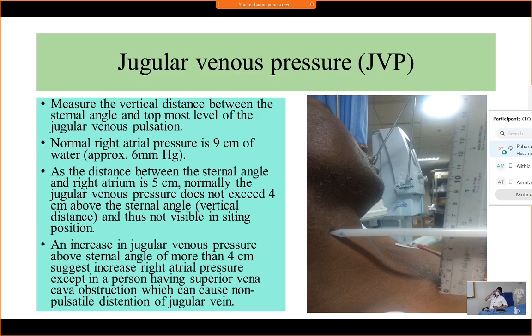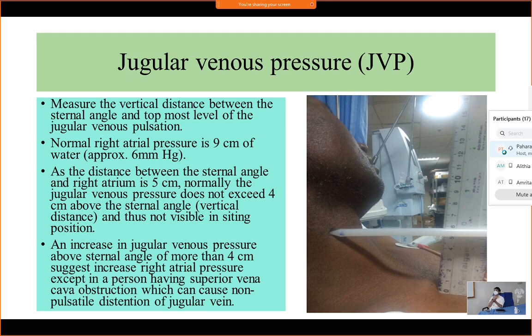So, measuring the jugular venous pressure. For the measuring, you can see from this image, you must have one scale, and that scale is kept vertically over the angle of the sternum, also called the manubriosternal angle.